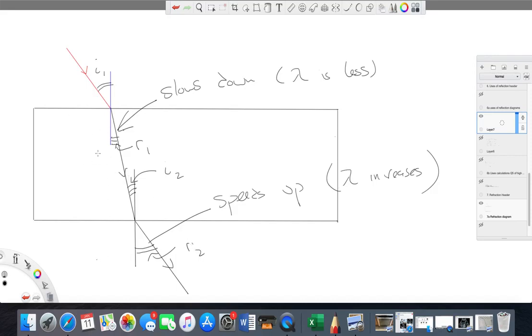Now, that's an electromagnetic wave. Mechanical waves like sound, when they go into a more dense medium, tend to speed up because they rely on the particles in your substance colliding and passing on the wave. And clearly, if they are more tightly packed, that collision can occur faster.